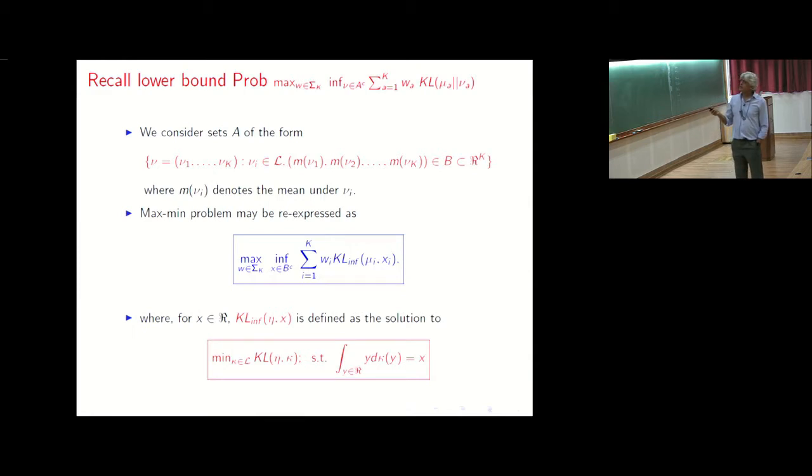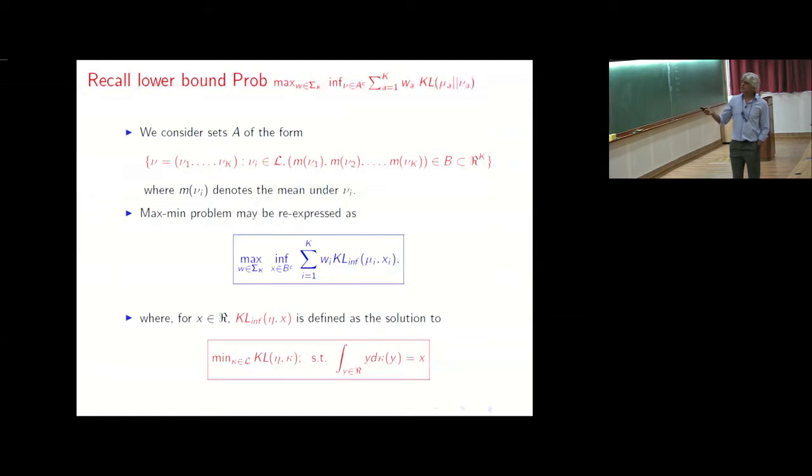And the means of these distributions belong to B. So now I'm going to look at this problem: given that my mu belongs to this set, this is my lower bound now. Sigma k is just a simplex in which w takes value. I have to take the infimum over all x, where x is in R^K lying in B complement. So B is in R^K here. So I have to solve this problem.